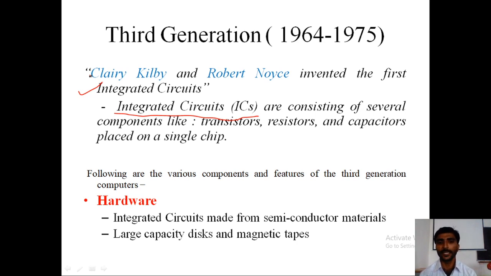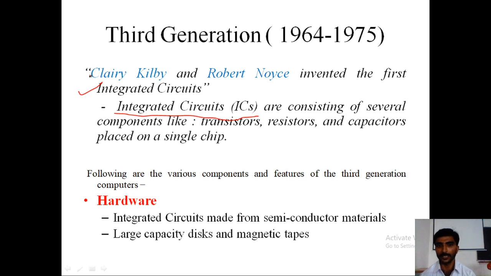Now, what do we mean by integrated circuits? We call them IC chips. Integrated circuits consist of several components like transistors, resistors and capacitors placed on a single chip. An integrated circuit contains more than two electrical components on one single chip.